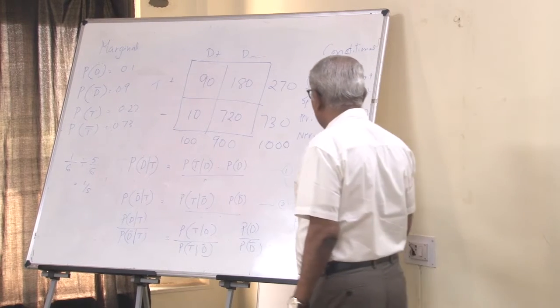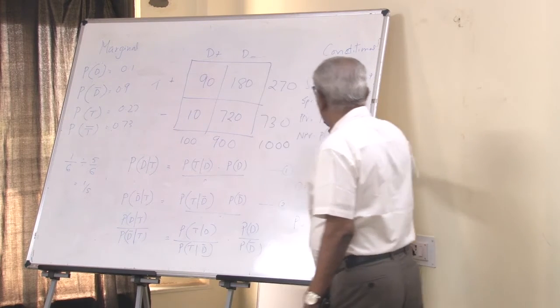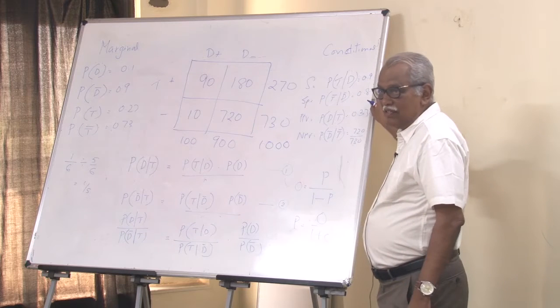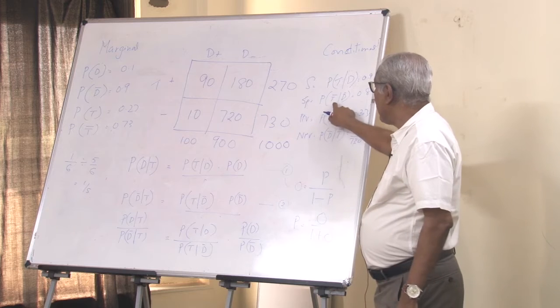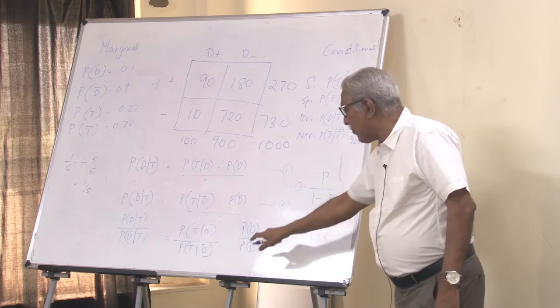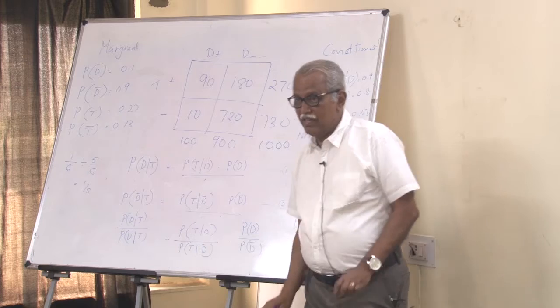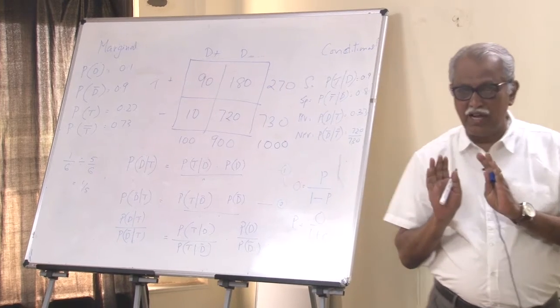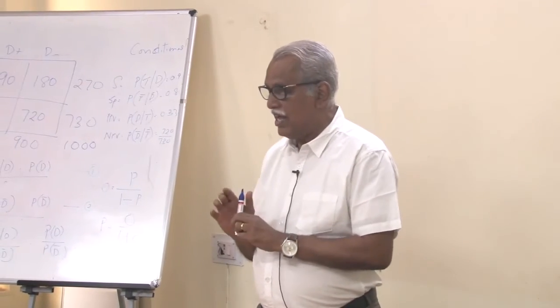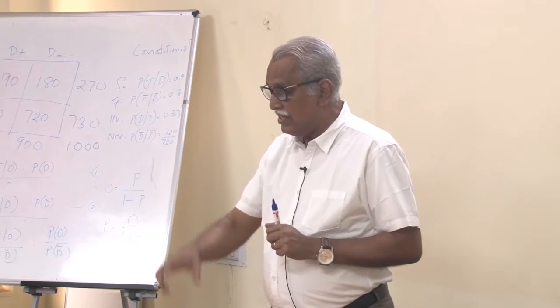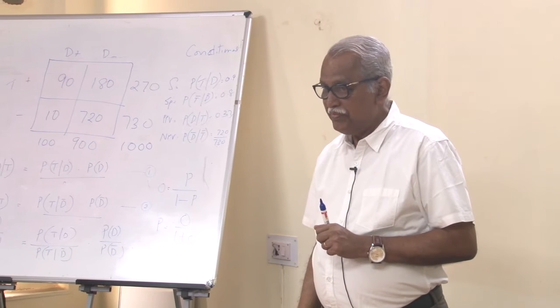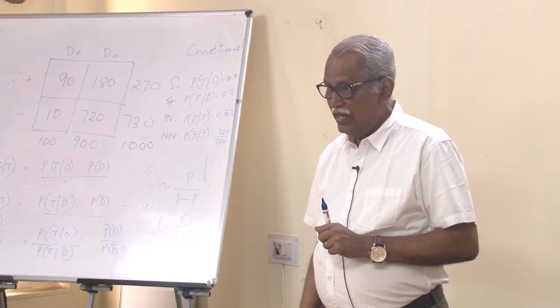Let's look at specificity. We have already calculated it. 0.8. That is specificity. This is 1 minus specificity. You have understood? I'll give you time. Watch it, look at it, and be convinced, because if you don't understand this, you won't understand the next step. What is this?